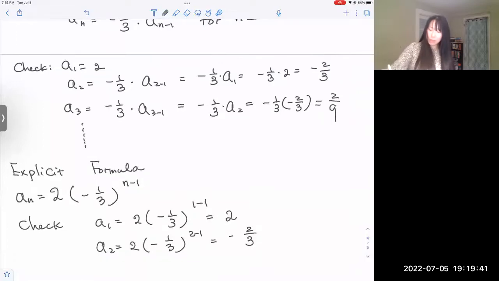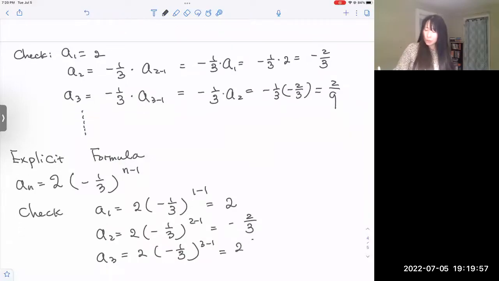Okay, a sub 3, we have 2 times negative 1/3 to the 3 minus 1, which is squared. 2 times negative 1/3 squared is positive 1/9, right? So 2 over 9, okay?